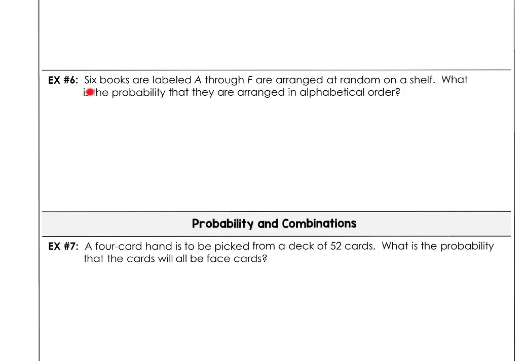In example 6, we have 6 books that are labeled A through F, and they're arranged at random on a shelf. We want to know what the probability would be if they were arranged in alphabetical order. So the probability would be a permutation of 6 books chosen 5 at a time. So 6 times 5 times 4 times 3 times 2 times 1 divided by 6 minus 5 quantity factorial.